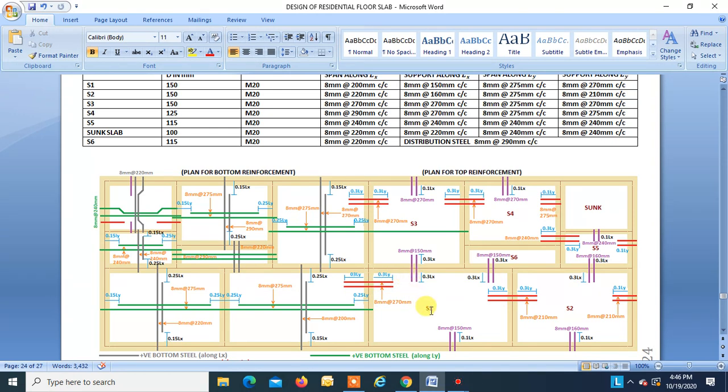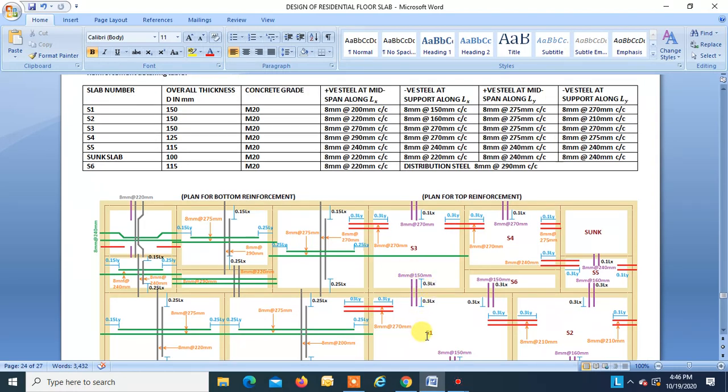Say I take slabs S1 and S3, and I want to provide this negative reinforcement at the support. For S1, the steel required here is 8 at 150, and for S3 the steel required is 8 at 270 center to center.